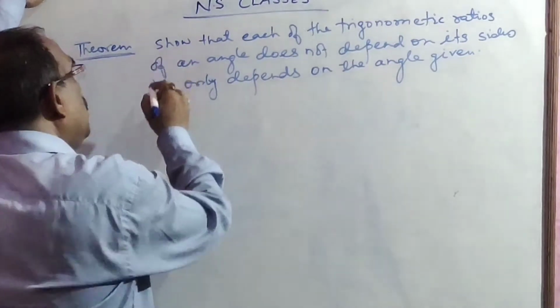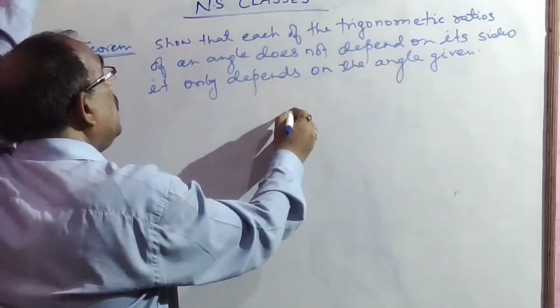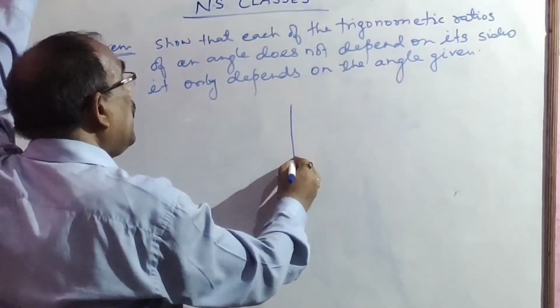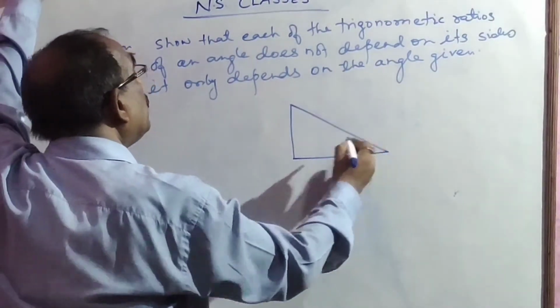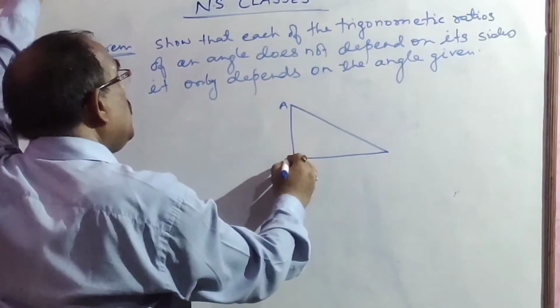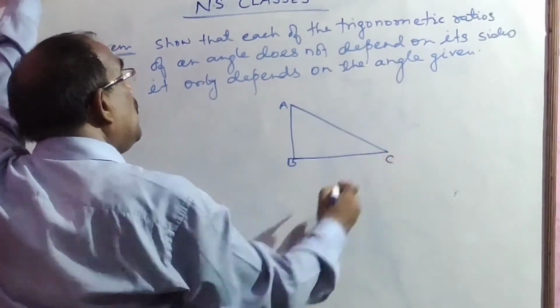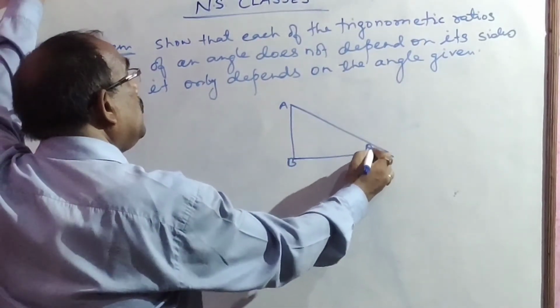What does it mean? It means that if a triangle ABC is given here, let this angle be theta.